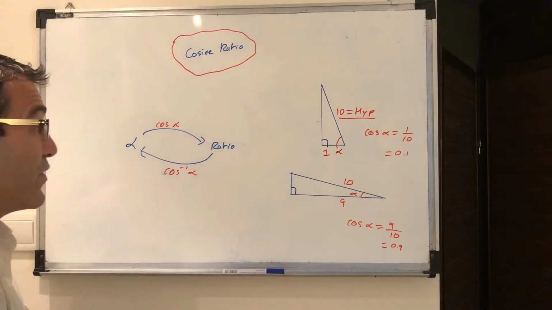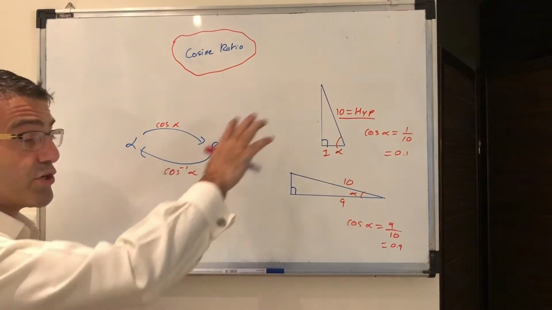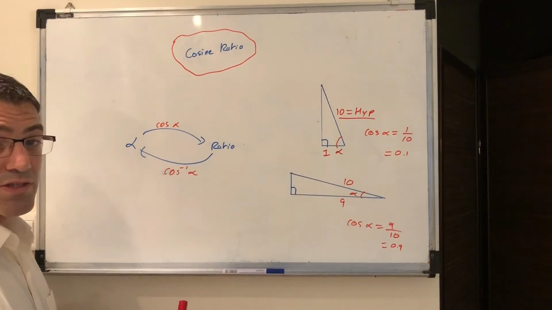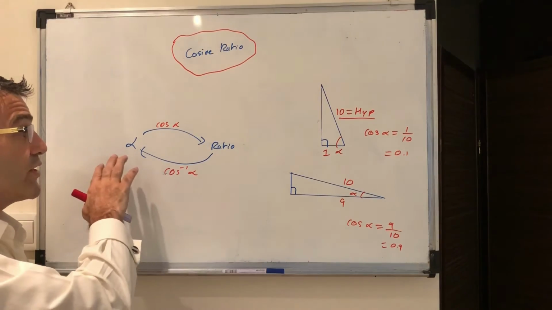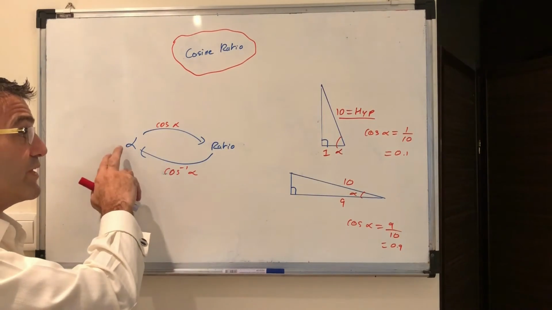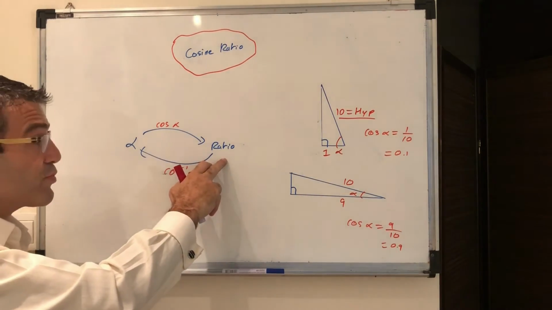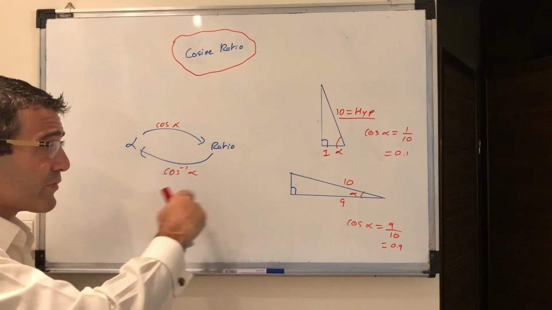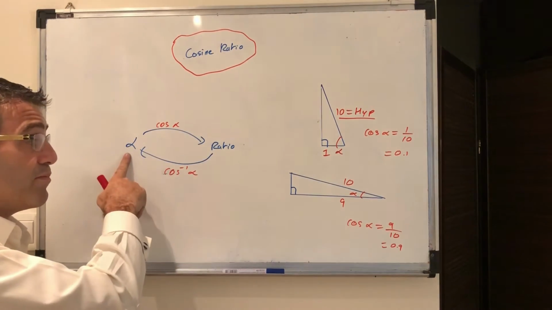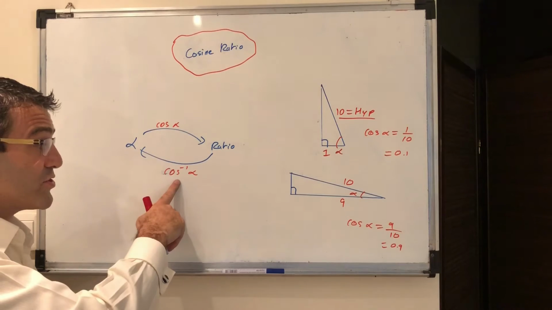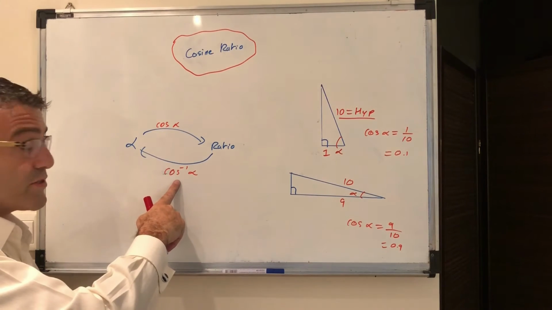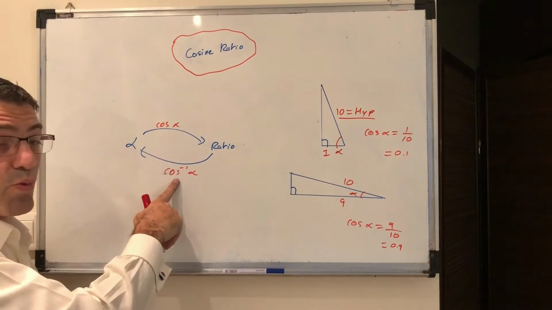Now, if you've done your trigonometry properly in whatever triangle situation that you're looking at, you can go with your calculator from the angle to the ratio by pressing the cosine key. And you can go from the ratio back to the angle by pressing the cos to the -1 key. So these are the two ways that you can go.